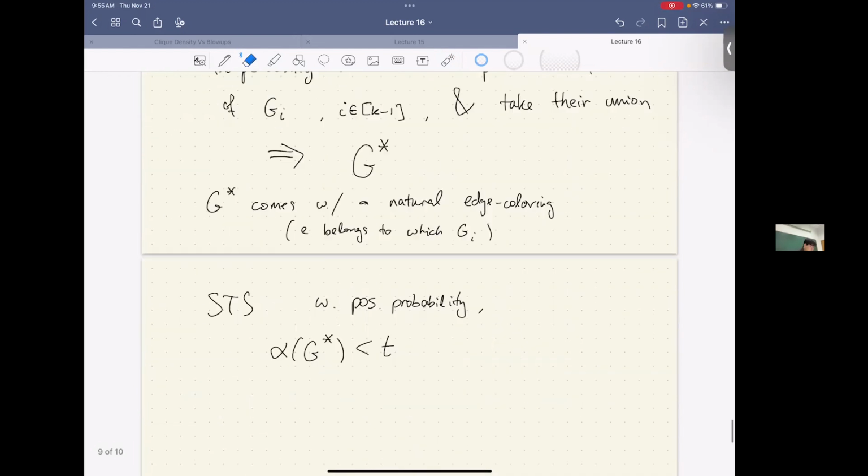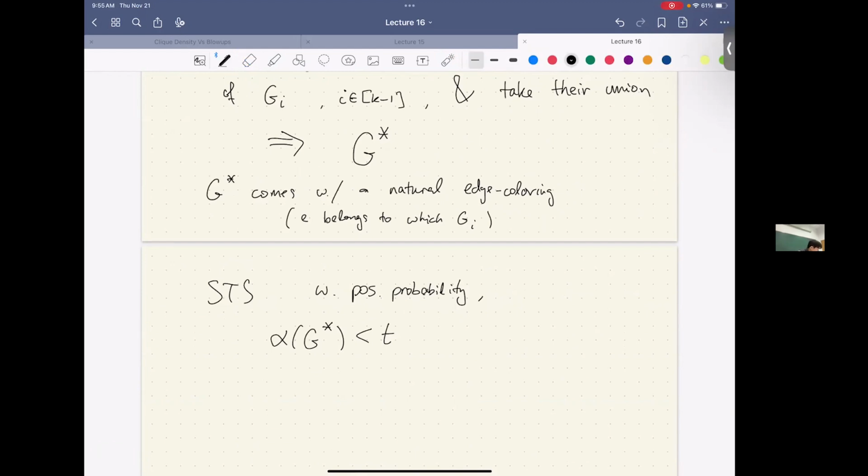So what do we do? This G star is a random overlap of K-1 copies. Now, we need to estimate: fix a set of T vertices in V of G star. Let's estimate the probability that it forms an independent set in G star.